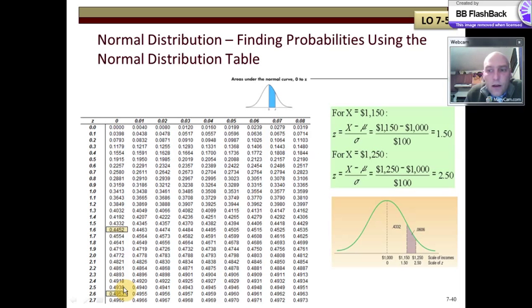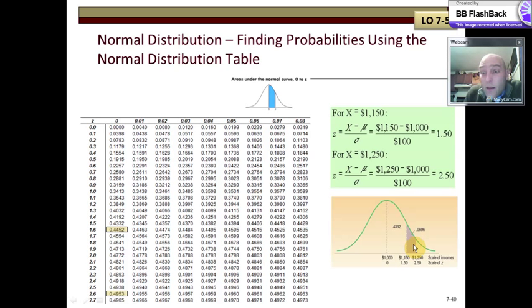0.4938. So now I've got two areas. I've got 0.4938, which gets me all the way out here, and 0.4332, which gets me right here. The area in between them is what I'm after. The area in between them is the difference.